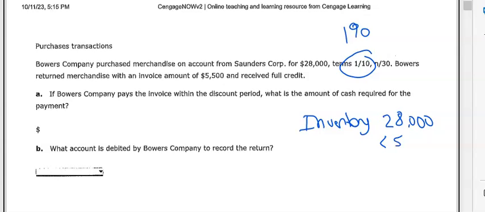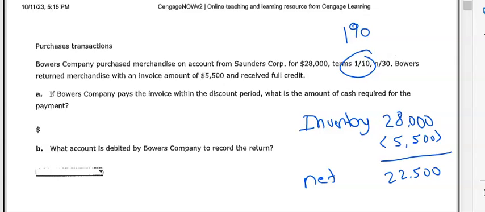We returned some of it. So we'll subtract that out to find out how much our net is that we kept. What's our net inventory that we kept? So you'll say $28,000 minus $5,500. So we kept $22,500.